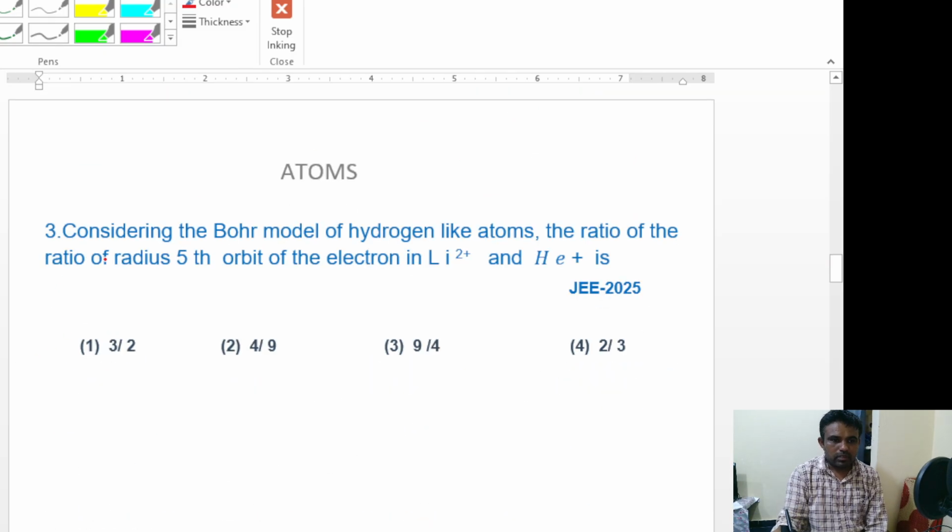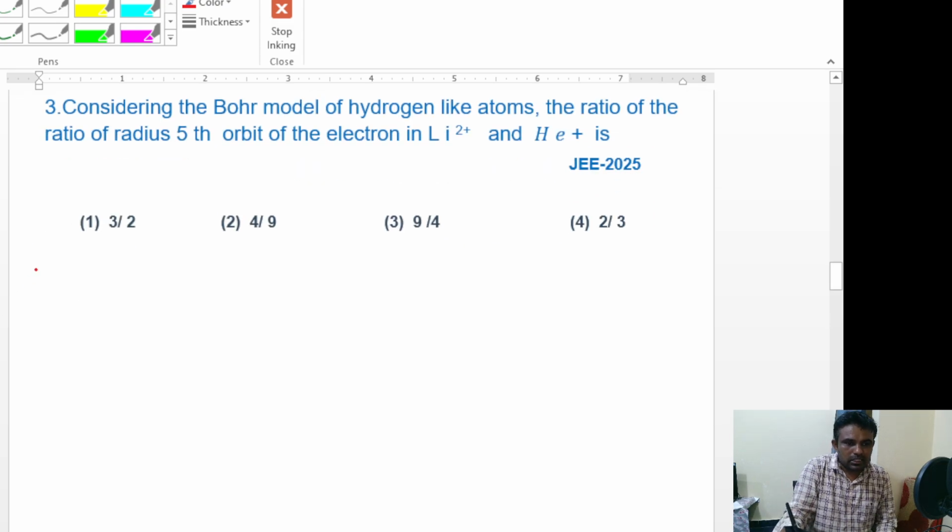Third question. Considering the Bohr model of hydrogen-like atoms, the ratio of radius of the fifth orbit of the electron in lithium 2 plus and helium plus is.